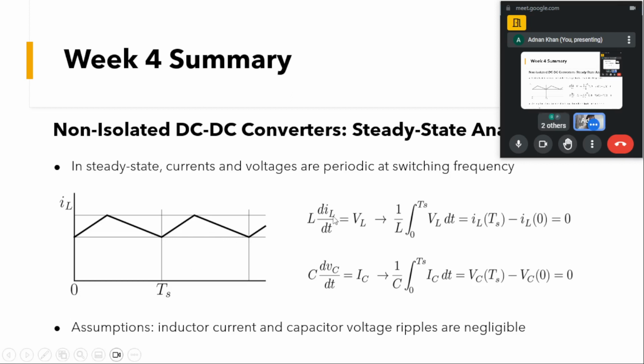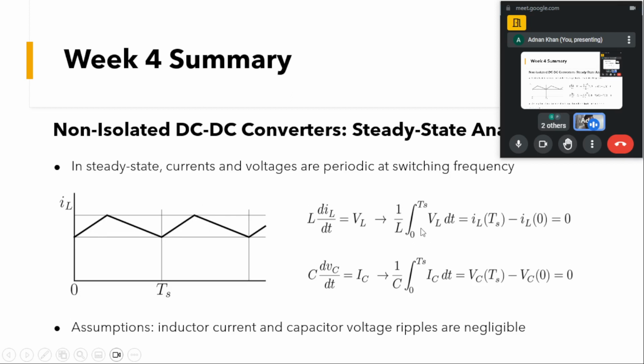And for the inductor, we know the equation VL is equal to L dI/dt. Also we can write this as IL equals 1/L times the integral of the voltage, and we will know this current value and this current value.